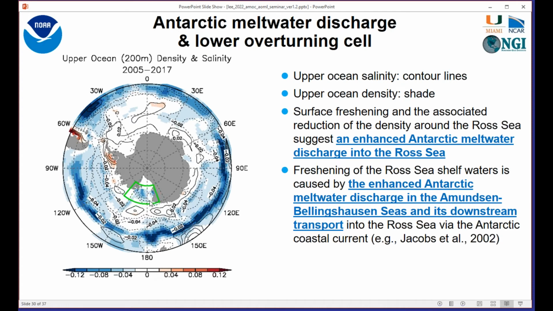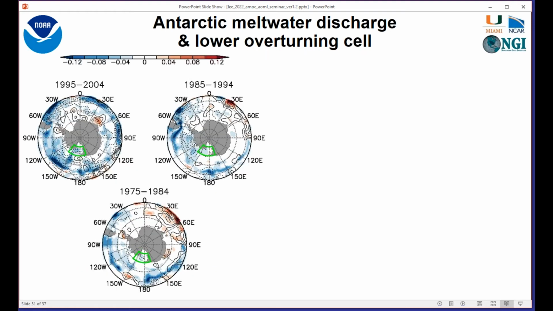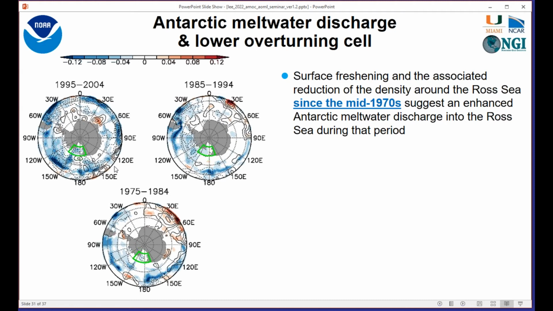So basically, what I show you here, colors are upper ocean density at 200 meters, and the contour lines are the salinities. So you see that over the Ross Sea, you see the surface freshening and reduction of density.